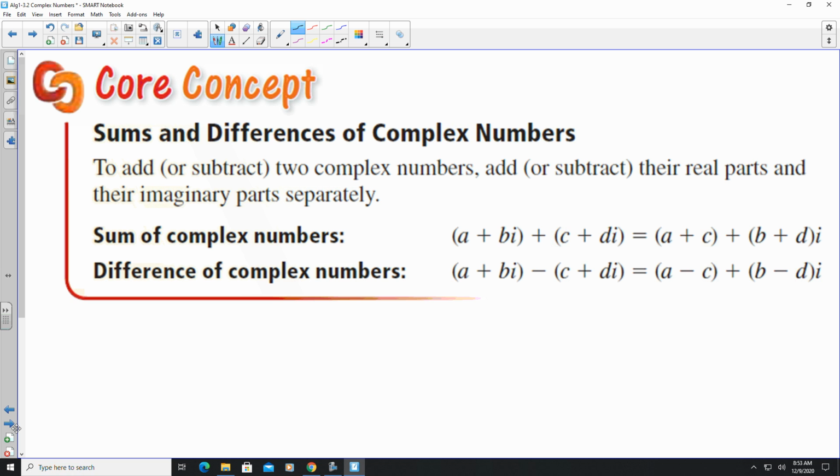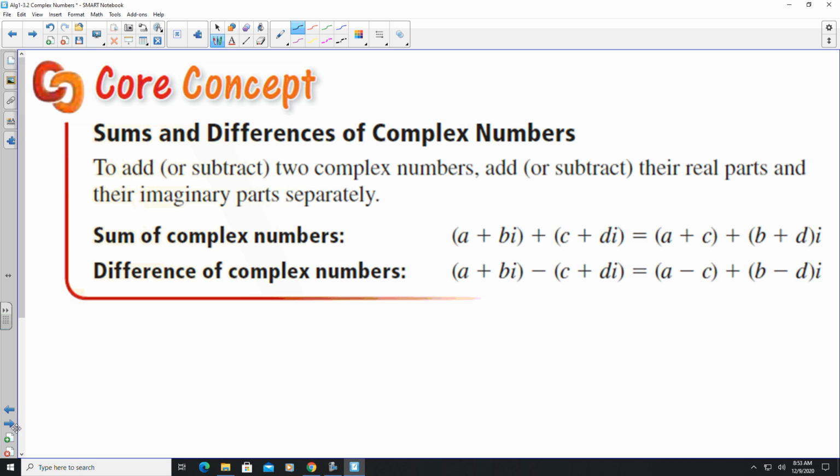Here, they're talking about finding the sum and difference of complex numbers. What you are going to do is treat these like you're adding and subtracting polynomials. You're going to treat i just like a variable.